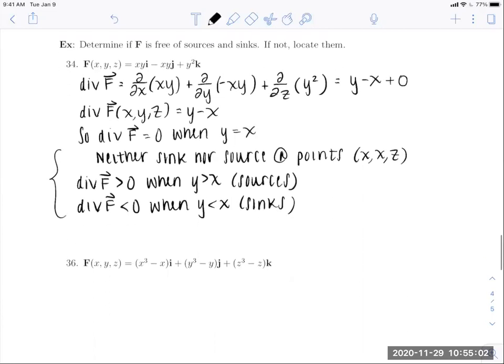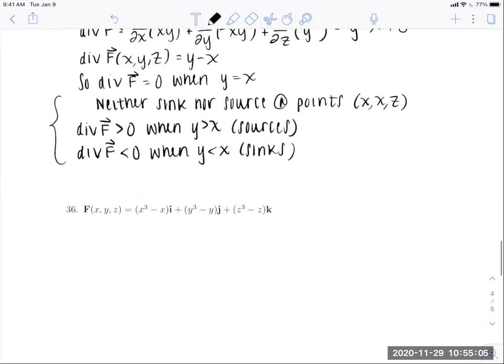So let's do the same here for 36. Let's start by computing the divergence. First, the partial of the first component function with respect to x is 3x squared minus 1. The partial of the second component function is 3y squared minus 1. And the third component function gives 3z squared minus 1. Let me rewrite this.